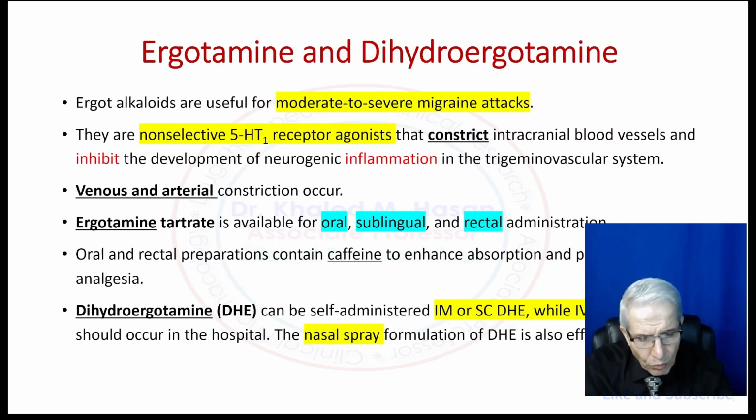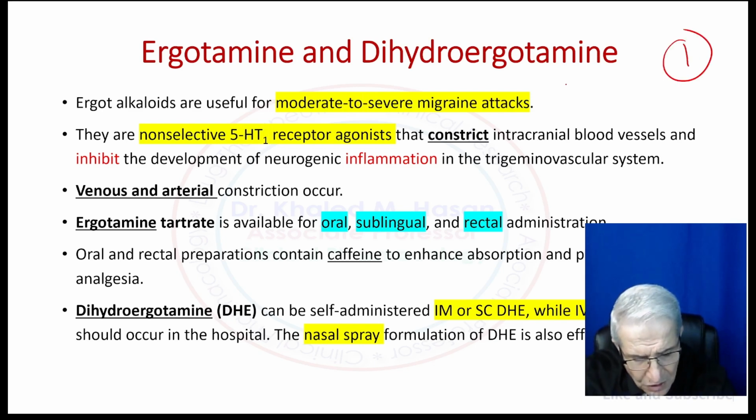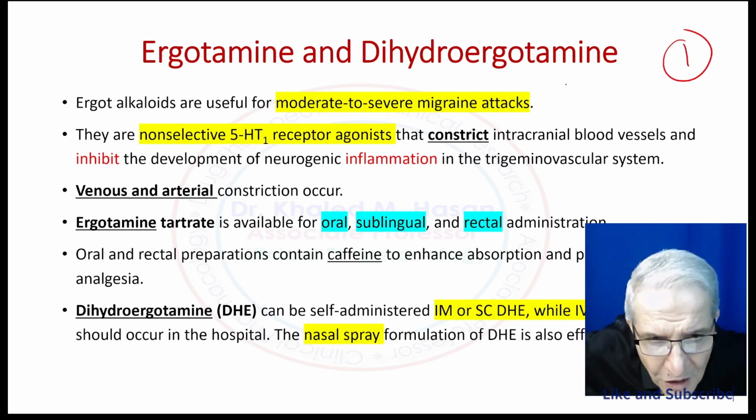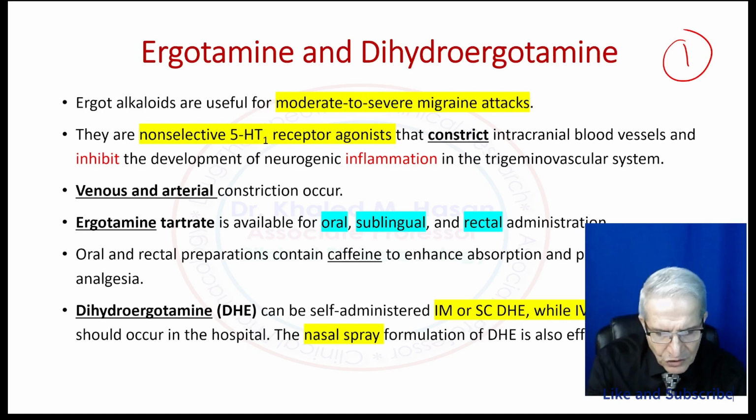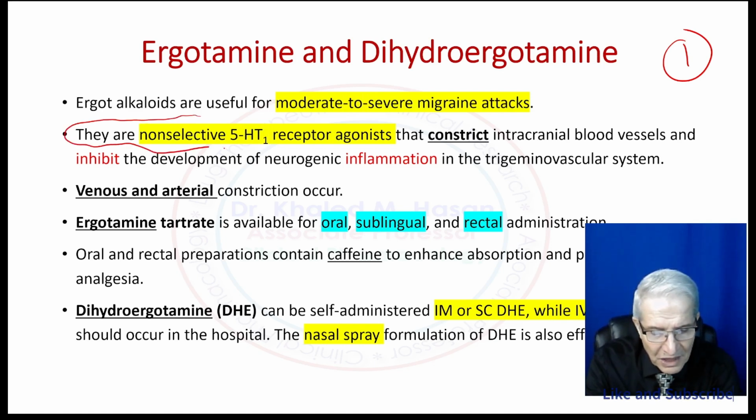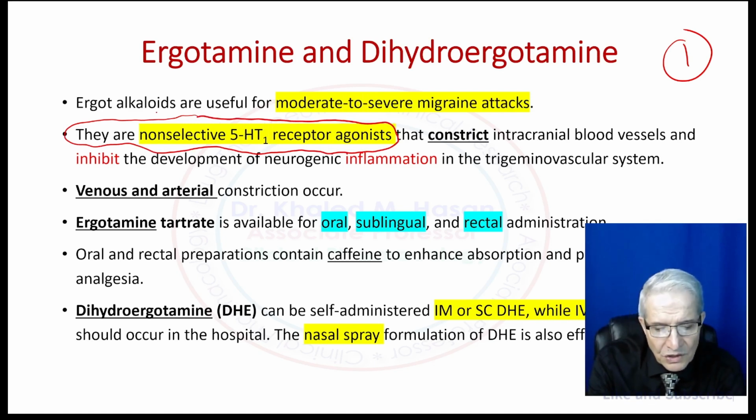Okay, the first group of medication used for migraine, we have ergotamine and dihydroergotamine. Ergotamine is useful for moderate to severe migraine attacks. Ergotamine is considered a non-selective medication that stimulates serotonin receptor 1, including 1B, 1D, and so on.